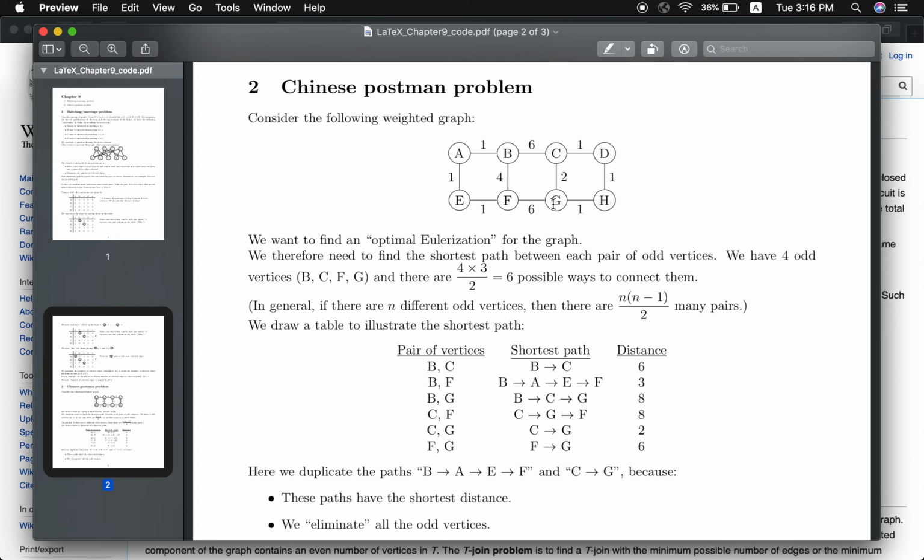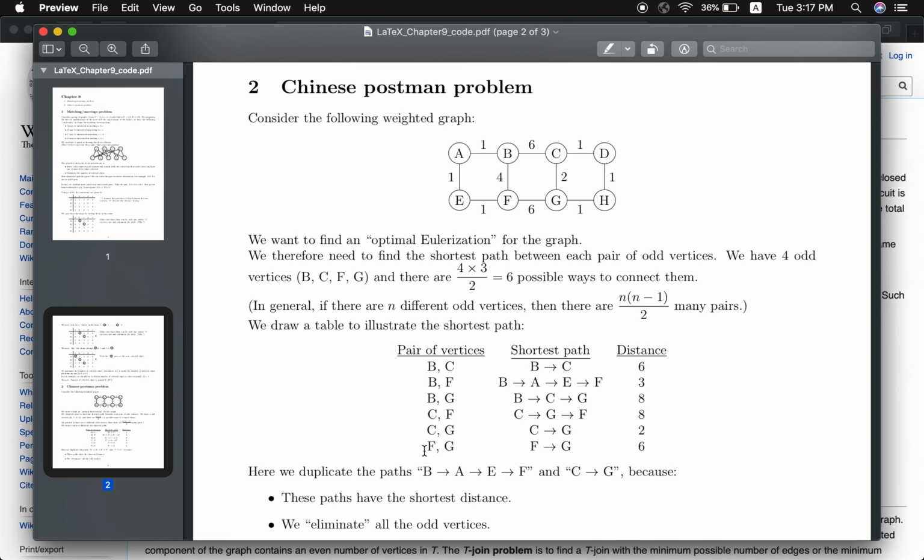So we have 4 odd vertices, and how many pairs of odd vertices? A pair means you just group them in 2. You can randomly pick 2 odd vertices from those 4, and in fact you have 6 possible ways to connect them. For example, BC, BF, BG, CF, CG, or FG. So altogether there are 6.